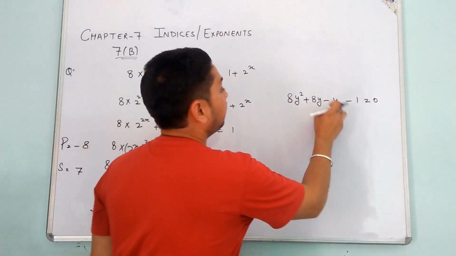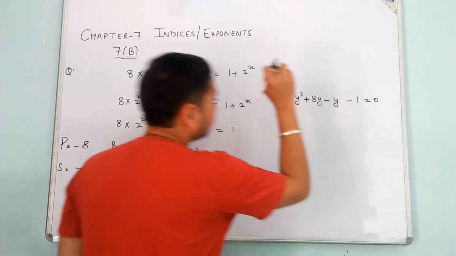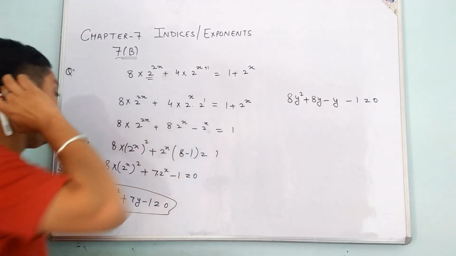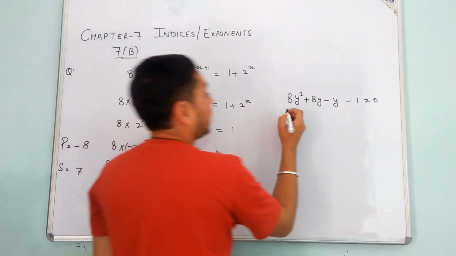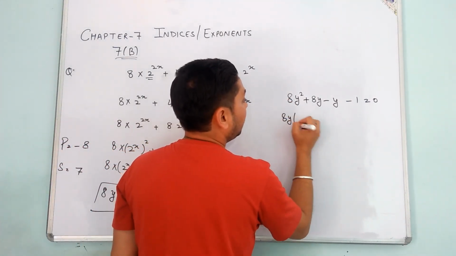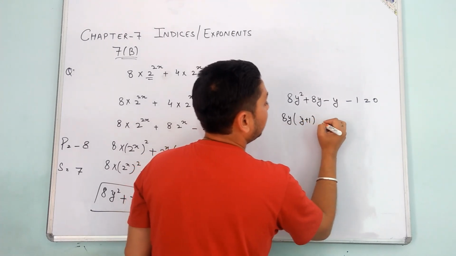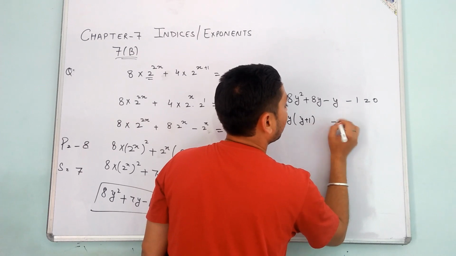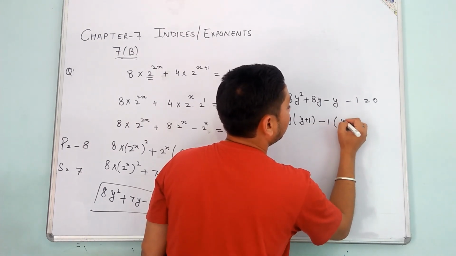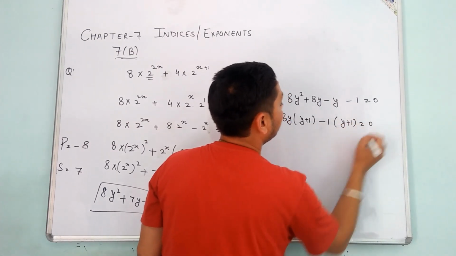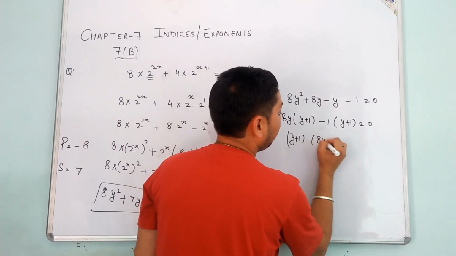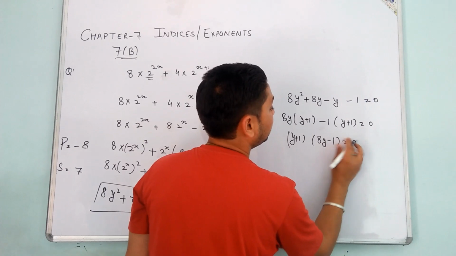If you multiply these terms, 8 multiplied by minus 1 is equal to minus 8. So taking 8y common, it will give you y plus 1. Again minus 1 common, y plus 1, this is equal to 0. Now (y plus 1)(8y minus 1) is equal to 0.